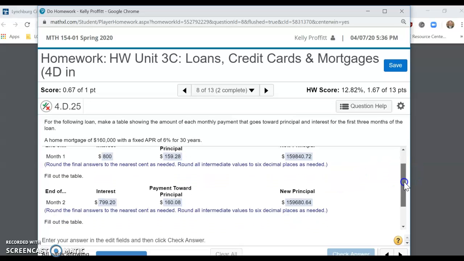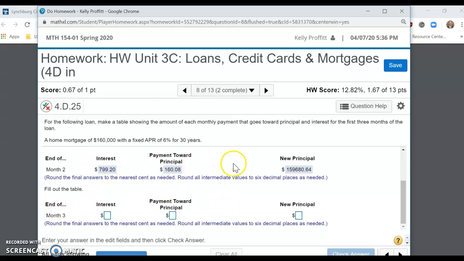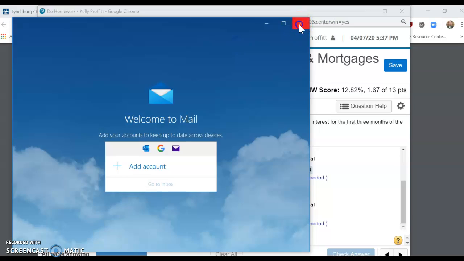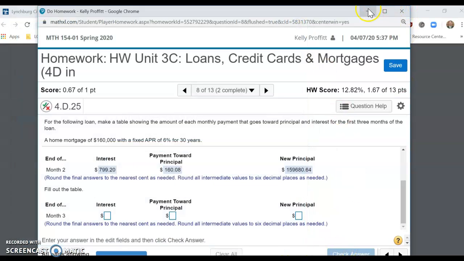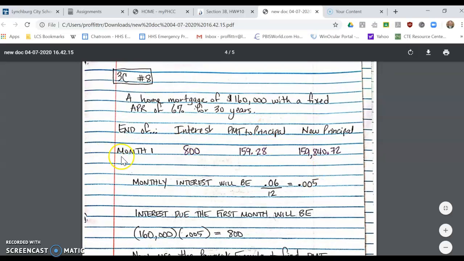To do this process for month 2, you're going to go through the same steps. Okay, I didn't even finish the problem. I finished month 2, but I did not finish month 3. So what does that mean? When you go back to your sheet, I'm going to do month 2 up under month 1.